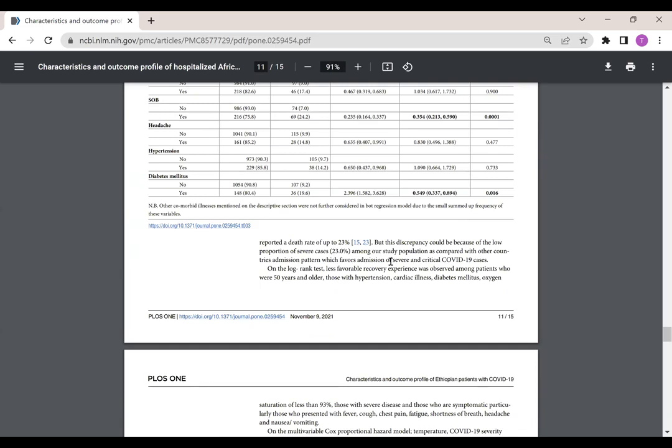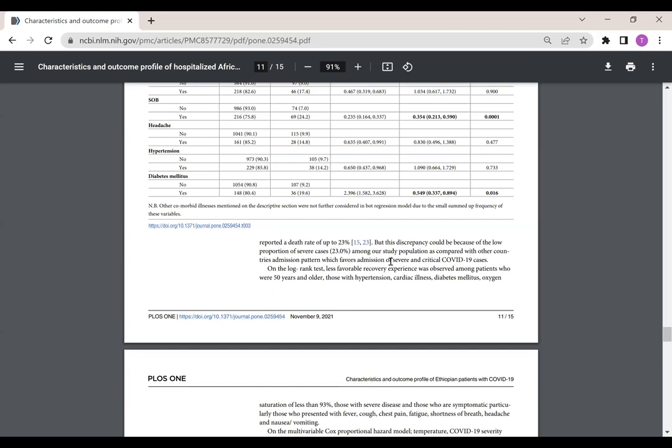So before saying that our death rate is lower, we have to explain that what we have studied is mostly mild and moderate cases, with up to a quarter of them having severe disease. But in other setups, 100% of them were severe and critical. So if you consider that, we can say that even the death rate in our setup is higher, considering that the study population was relatively healthier.